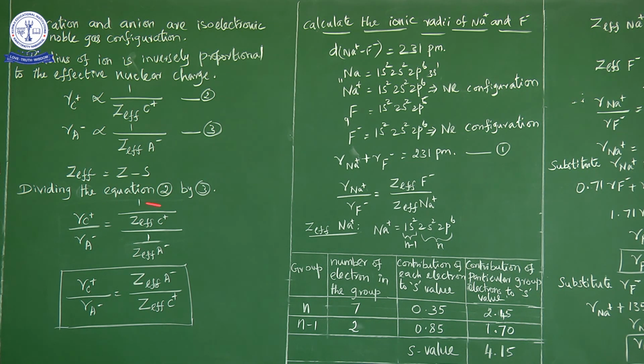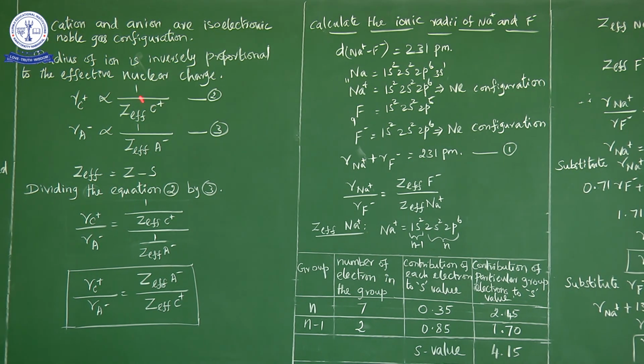So dividing equation 2 by 3. The second and third equation நம்ம divide பண்ணுறோம். Then RC plus by RA minus is equal to 1 by Z effective C plus by 1 by Z effective A minus. So the Z effective A minus will move to the numerator.